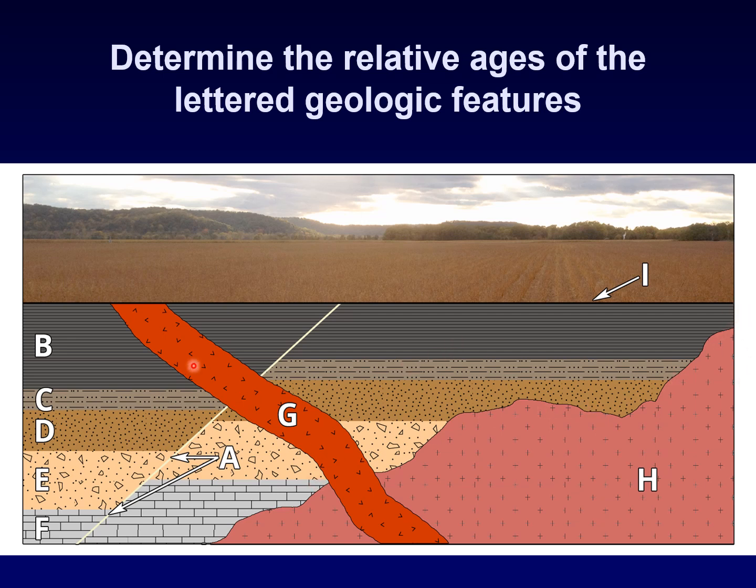But G cuts over H. So after the A fault of all these layers, we had H intruding, then we had G intruding through that, then we have I, which is the deposition of this soil layer here.